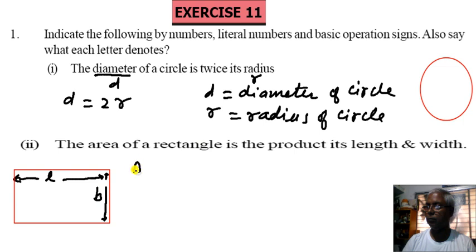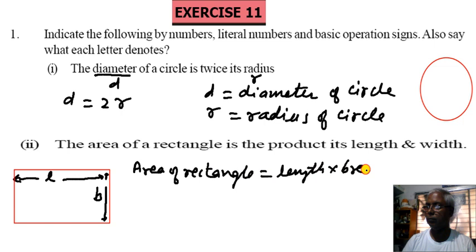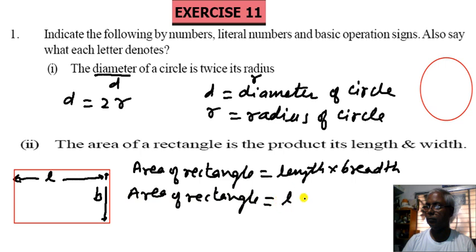You can write here: area of rectangle is equal to length into breadth, that is small l and small b. So L is length and B is breadth.